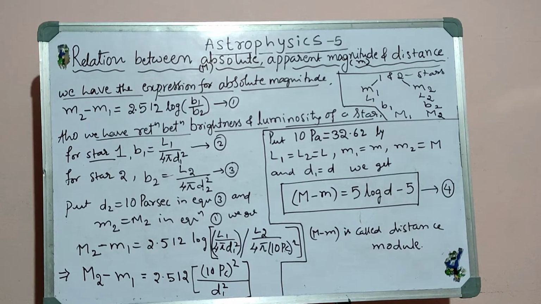The absolute magnitudes of the two stars are M1 and M2 respectively.